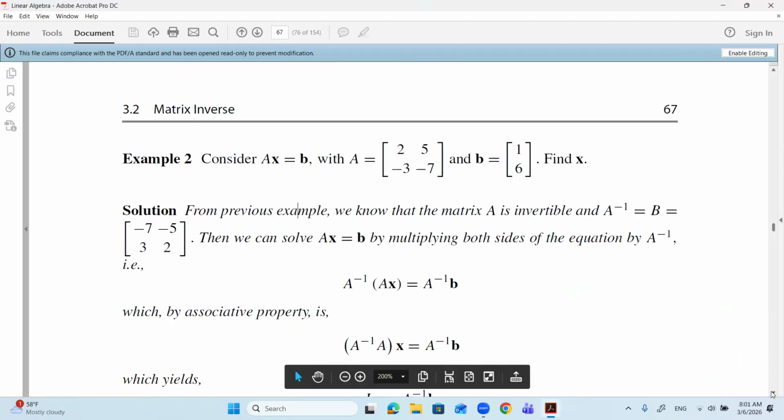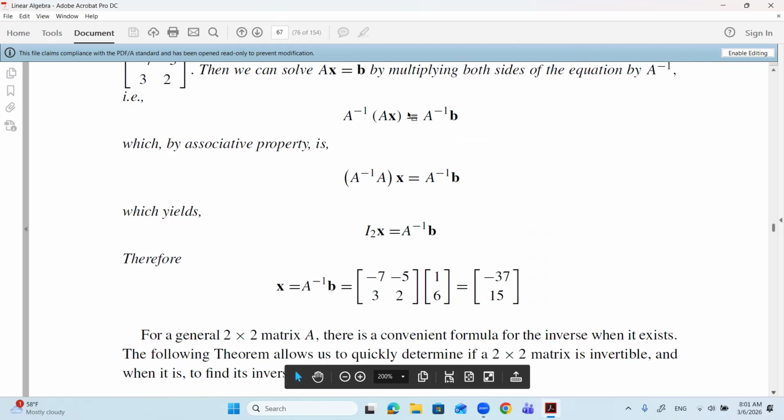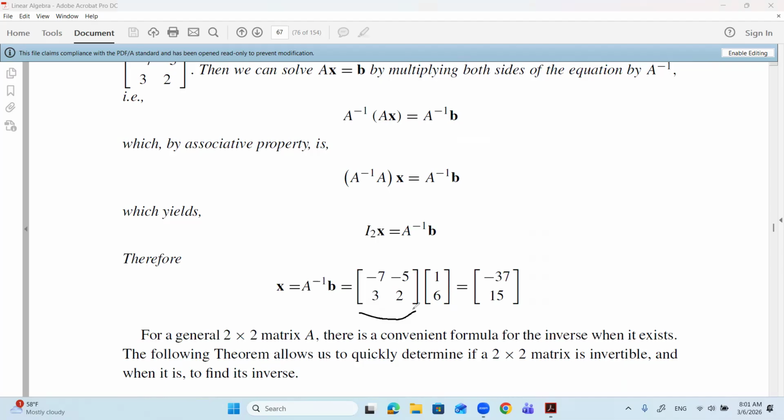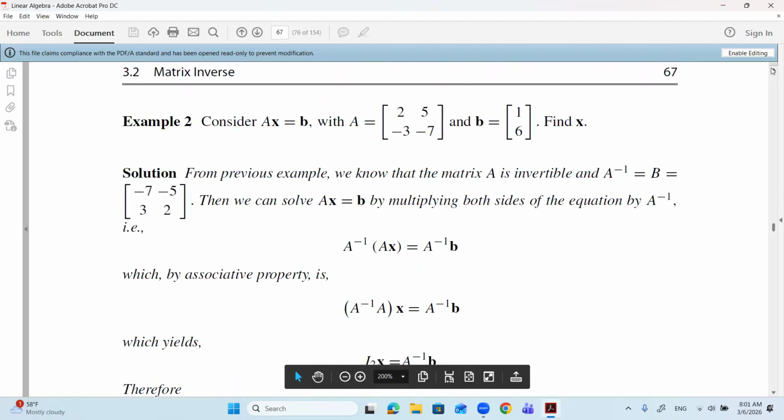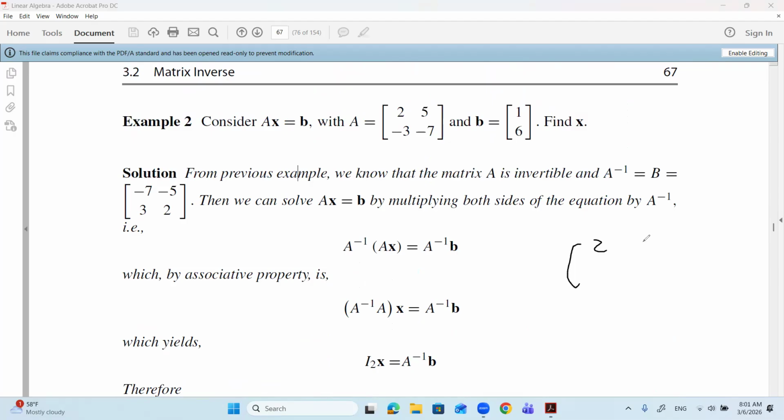For the given A, its inverse according to that theorem for 2 by 2, let's be careful, let's see what the inverse is. So this A, 2, 5, -3, -7. So this is A. What's the inverse?